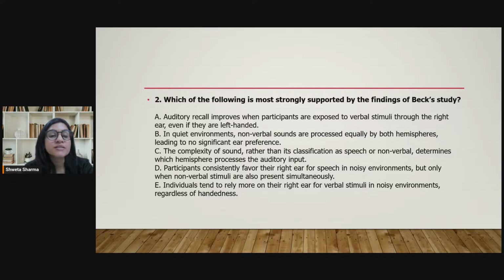Or D, which says participants consistently favor their right ear for speech in noisy environments, but only when non-verbal stimuli are also present simultaneously. E talks about individuals tending to rely more on their right ear for verbal stimuli in noisy environments, regardless of handedness. So tell me, guys, what's the answer?